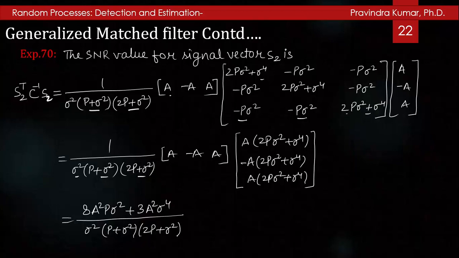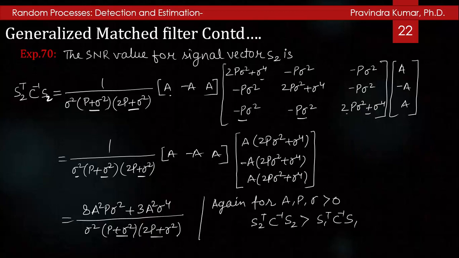You will have the value 8A square P sigma square plus 3A square sigma to the power 4 divided by sigma square P plus sigma square into 2P plus sigma square. And again, for A, P, sigma greater than 0, S2 transpose C inverse S2 will be greater than S1 transpose C inverse S1.